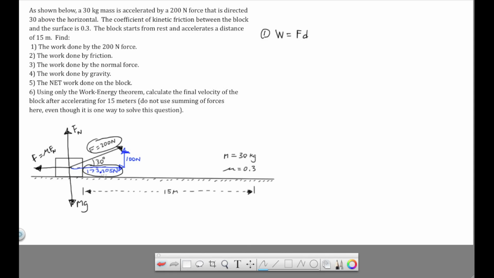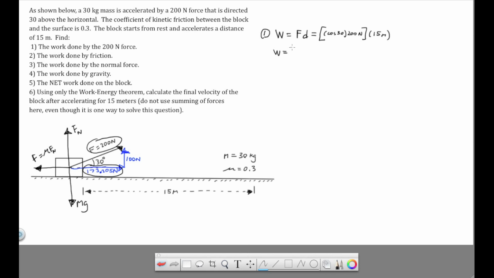So the key thing with calculating work done by a force is that the direction of the force must be parallel to the motion. So finding the work done by the 200 Newton force, to put it completely, would be cosine 30 times 200 multiplied by the distance that the force acts for, which is 15 meters.